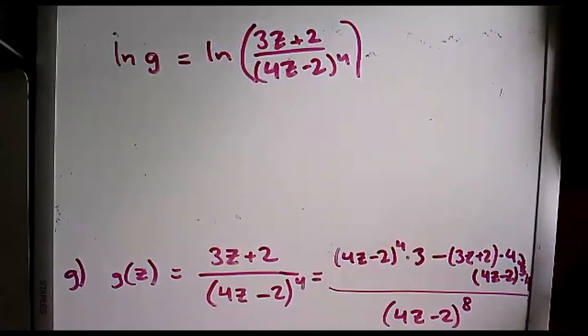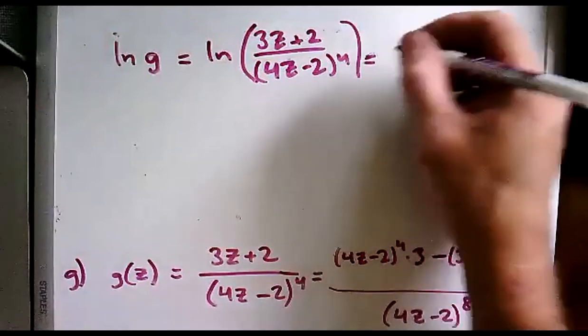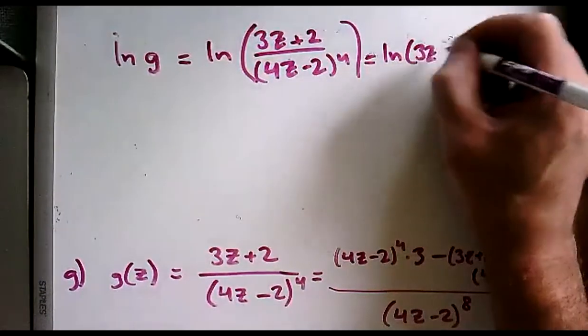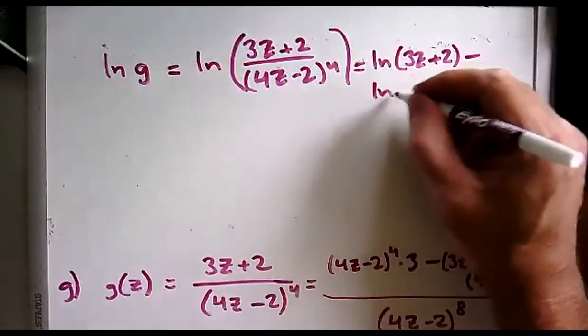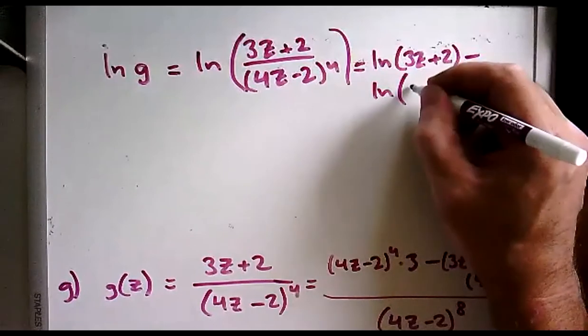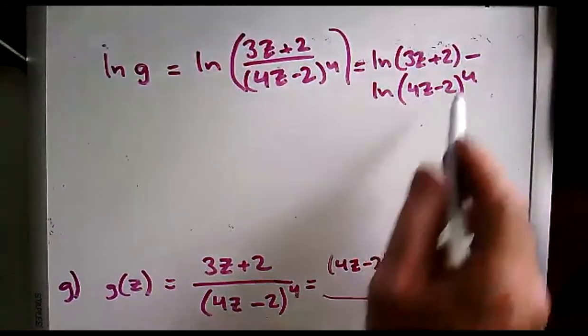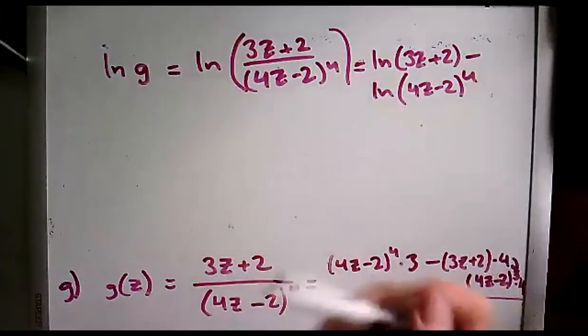Okay, now properties of logs say when you take the log of a quotient like this, we can actually write it as two different logs subtracted. So this is the same as ln of 3z plus 2 minus ln of the quantity 4z minus 2 to the fourth power. And another property of logs says if we have taken the log of something to a power, that power can actually come out in front.